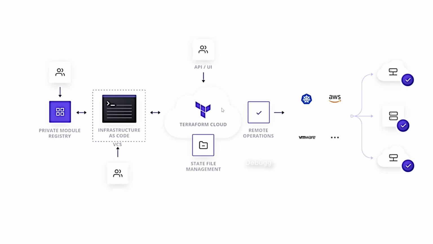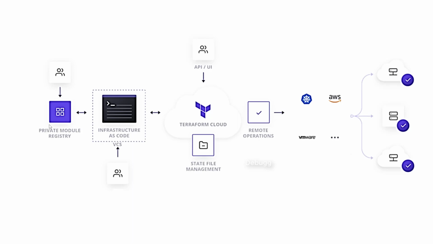That's how Terraform Cloud comes into the picture. Through Terraform Cloud only, we would be creating, deleting, or changing the resources. We would write all the code in a version control system, so that all the resources are documented, and if we need to revert or look at earlier commits, we can do it.